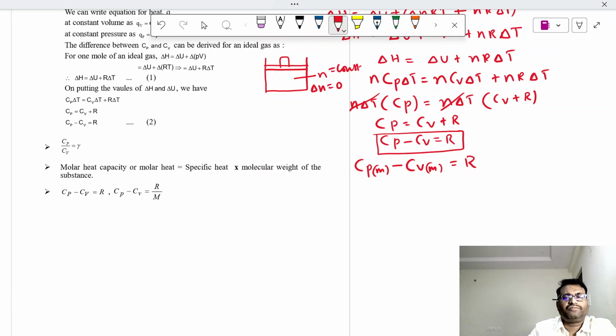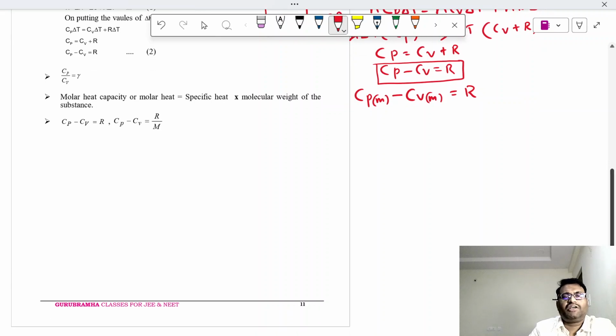Okay, so in the previous page we have seen that Cpm minus Cvm is equal to R. Now derive the relation for specific heats. Molar heat capacity is equal to specific heat into molar mass.